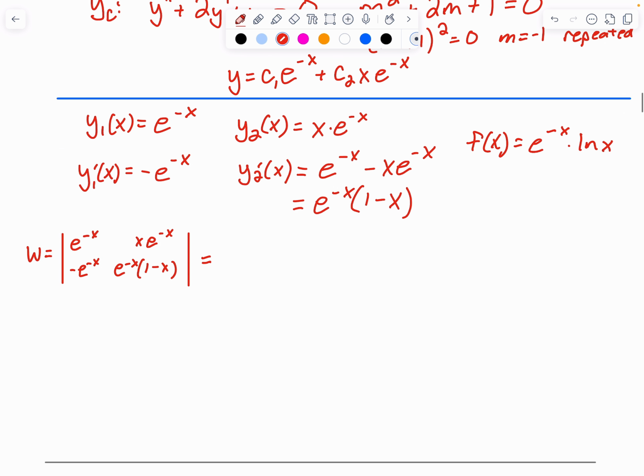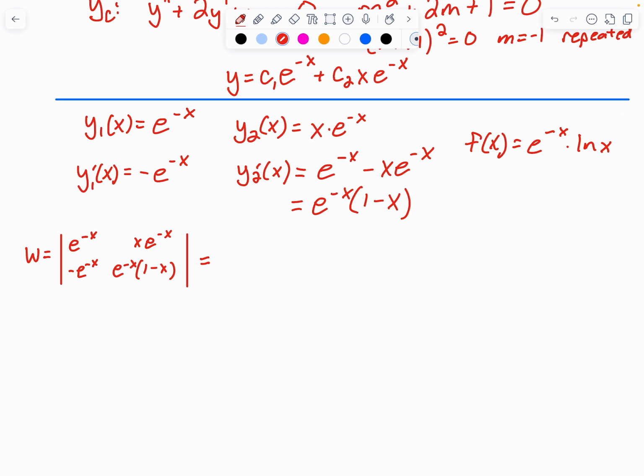All right, so I got to multiply here. I'm going to get e to the negative 2x times 1 minus x. All right, and then minus, but it's going to turn into a plus. And then I get x times e to the negative 2x.